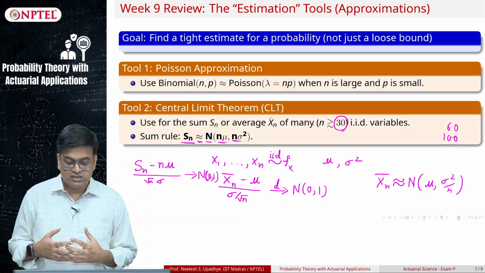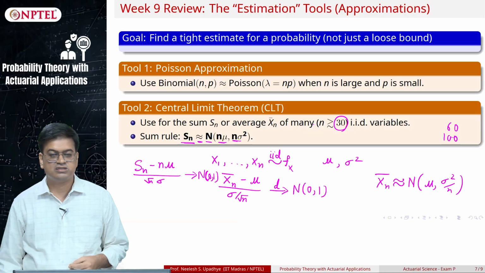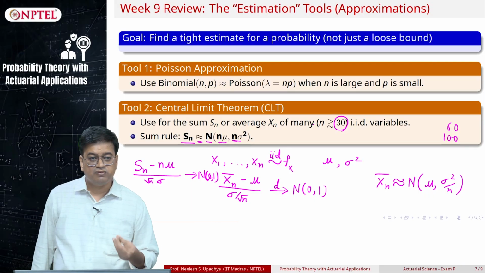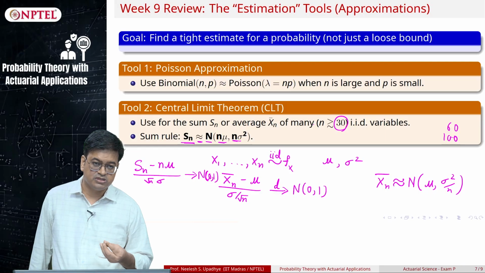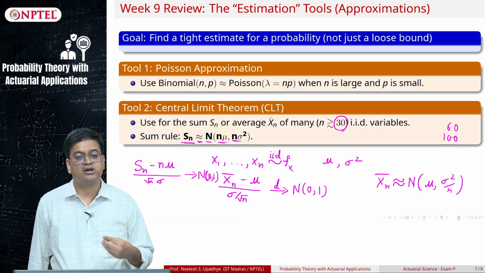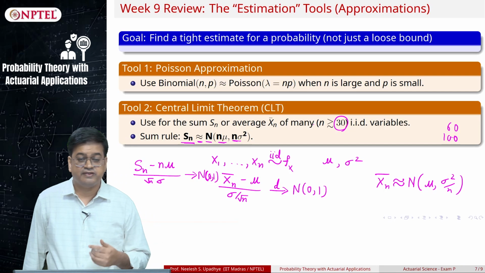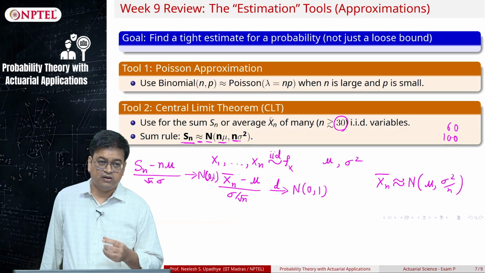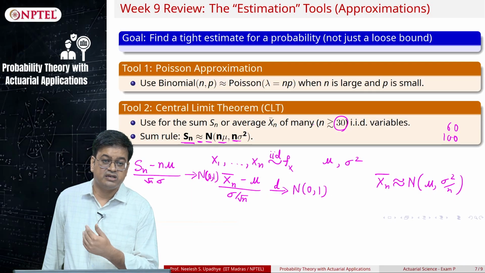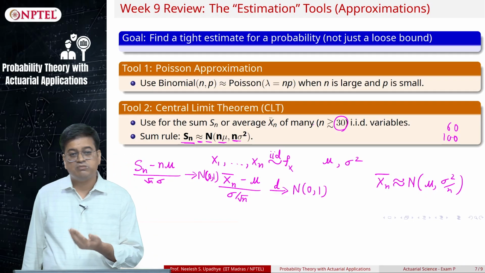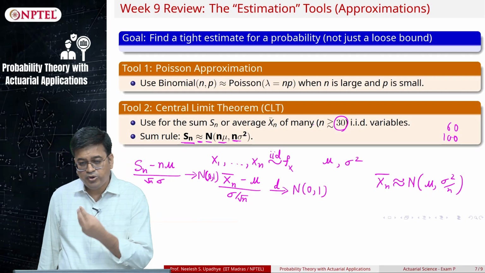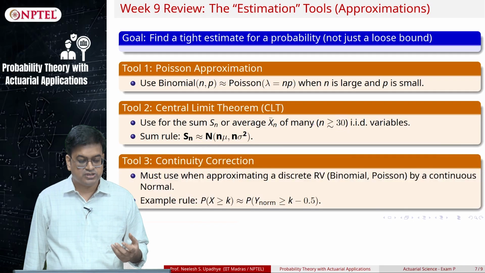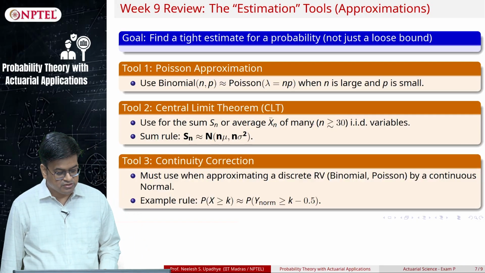So in such cases, when we are approximating with continuous distributions, you need to attribute that meaning to it, because when I talk about probability distributions, if it is a discrete random variable, I talk about the probability mass function, and if it is a continuous random variable, I talk about the probability density function. And now if I am approximating it by a continuous random variable, then I have to somehow make a meaning of the probability density function as a probability mass, and that is where the key notion of continuity correction comes in, right.